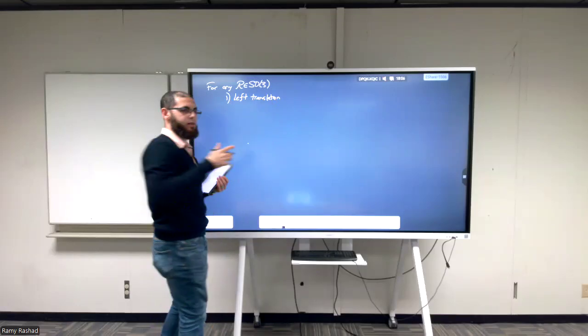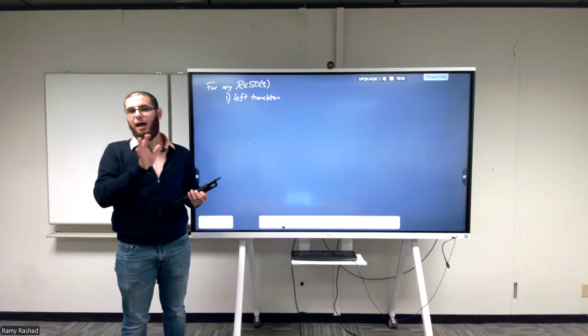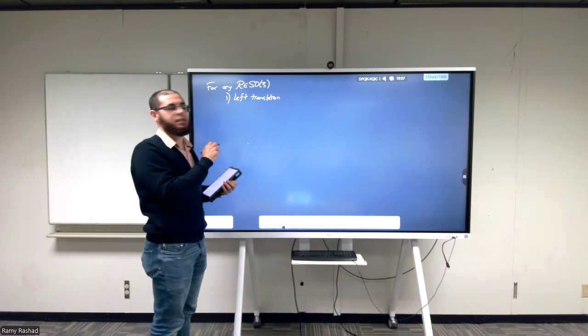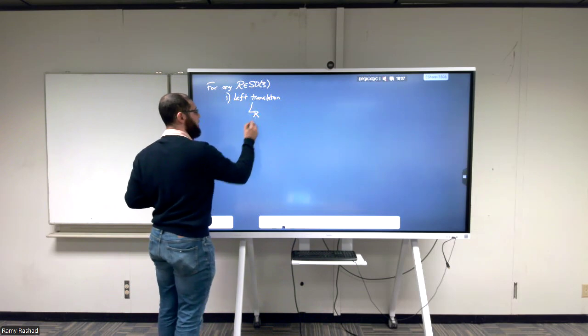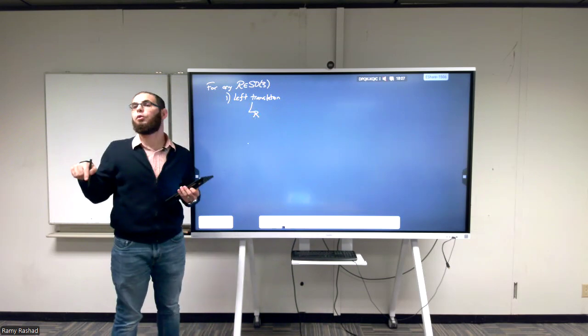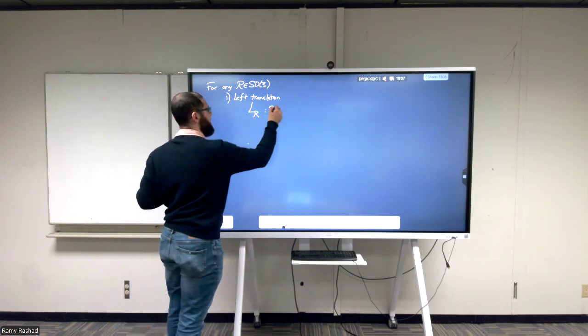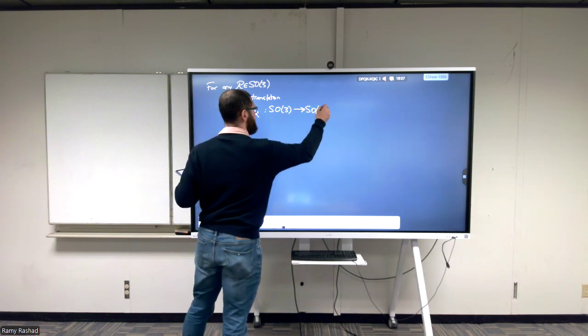It has nothing to do with translation as in moving around in Euclidean space. This is just the name of the map in general, abstractly. It's called the left translation, and it's defined as L R, so it depends on the R. So I need to know the information of the R, and it takes one element from SO3 to another element of SO3.